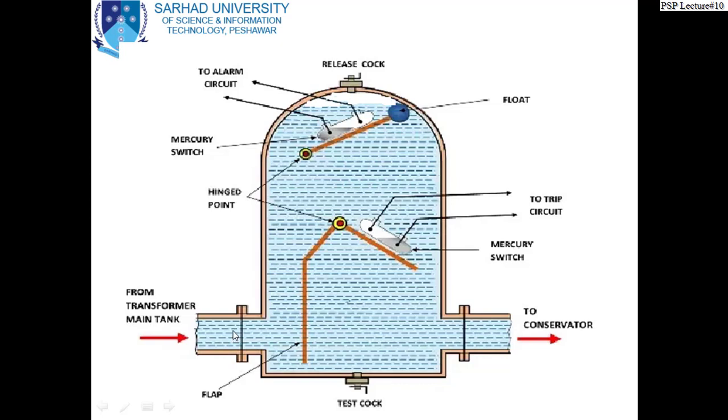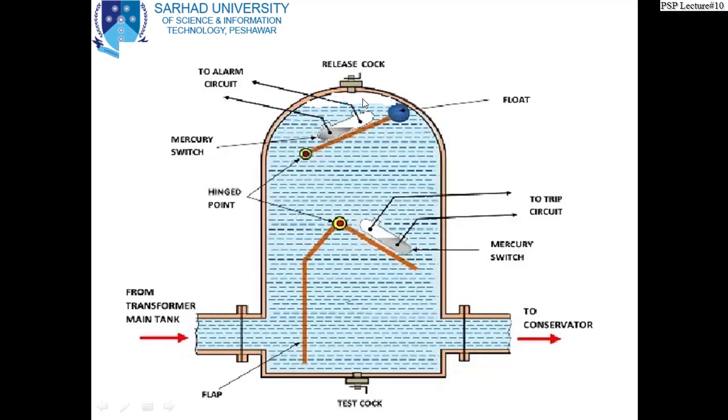About 70% of it is hydrogen gas. So hydrogen gas enters this tank, and since hydrogen gas is lighter, it goes up and is entrapped in the upper portion, which doesn't contain oil.